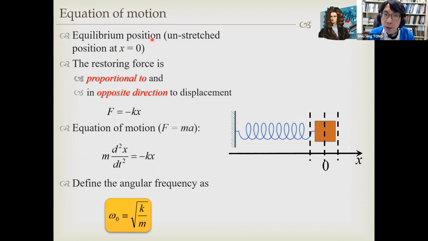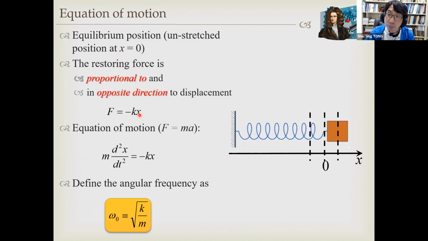Now we suppose the equilibrium position is the unstretched position of the spring, and we call that position x equal to 0. Now, if the spring is stretched, if the spring extends by a displacement x, then there would be a restoring force from the spring. The restoring force has a property that the magnitude of the force is proportional to the extension.